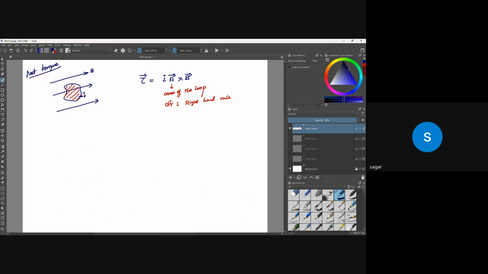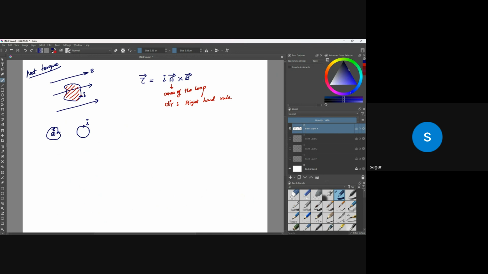So the direction of the area vector is outwards. If this is the loop and the current is going in the anti-clockwise direction, the area vector is outwards.